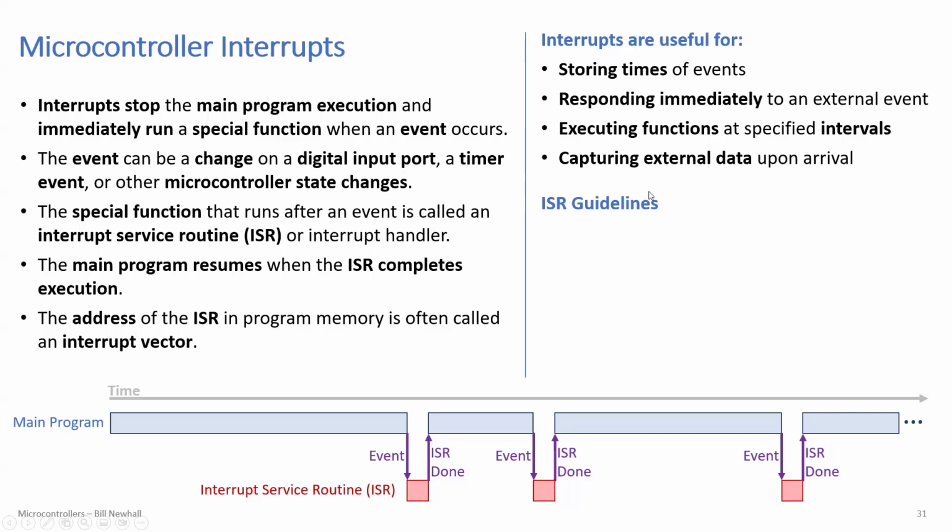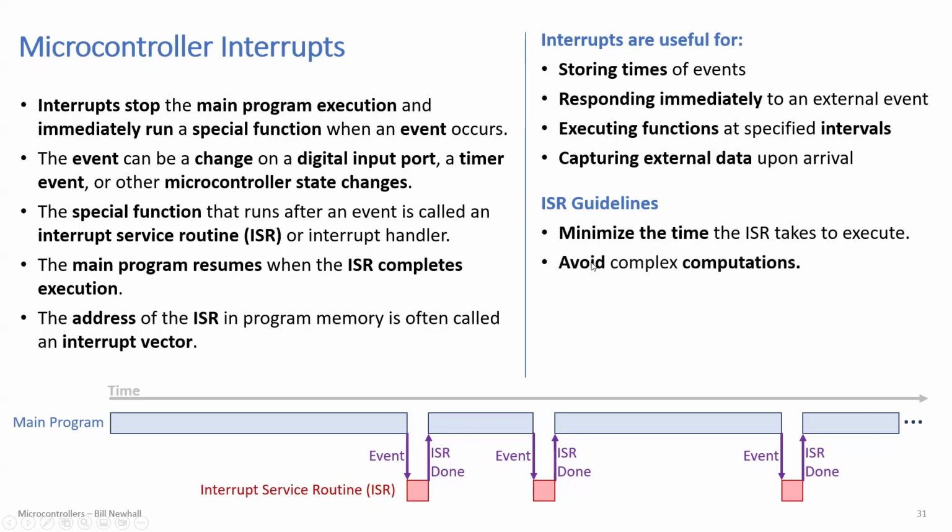There are some guidelines for ISRs. To improve the chance of success of your ISR working and the rest of your program not being affected in terms of performance, you really want to minimize the time that the ISR takes to execute. You don't want to fire an interrupt service routine and then do a bunch of loops and wait for the user to input something, because the main program has stopped and bad things can happen.